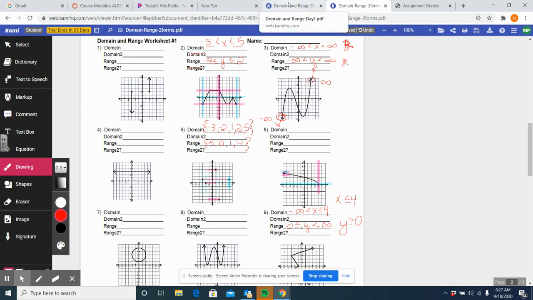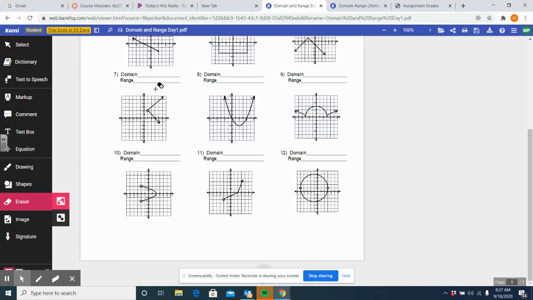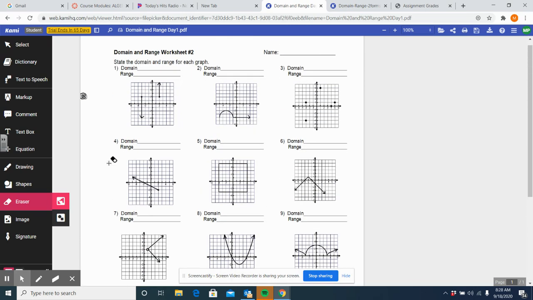All right, I'm going to do one on your homework. These all are fairly easy. I'll start you off with number 1, okay? Because number 1 looks weird, but it's really not that bad. Okay, so the domain. Do you see how these are 2 different lines? That's going to make your domain a little funky, okay?